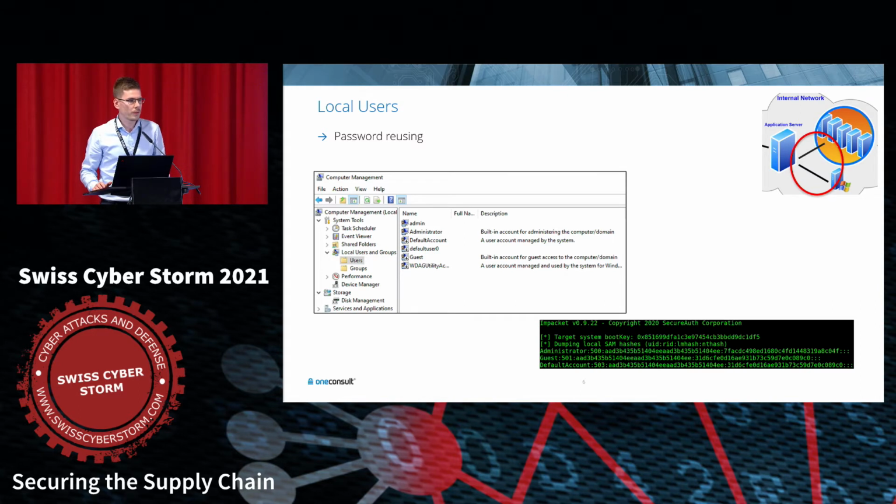We still often find in companies that the passwords of the local users, especially on servers, the local administrator users, are reusing password, for example, in similar network zones or on similar application servers. We still often find them.